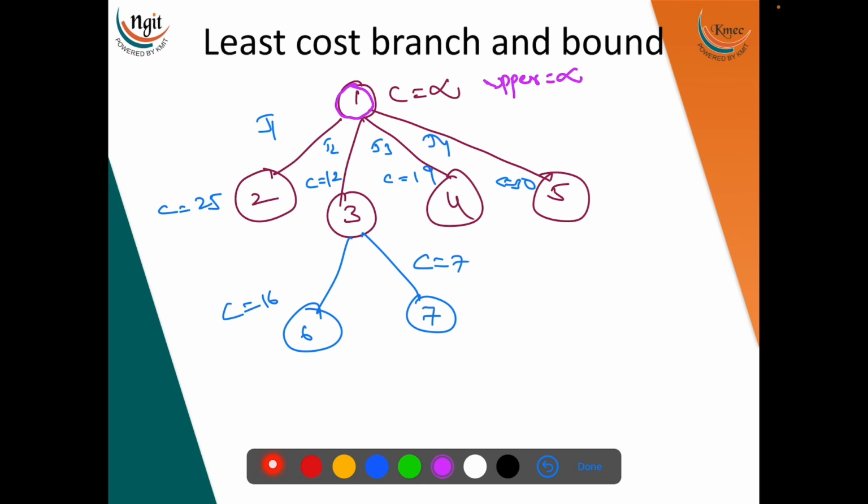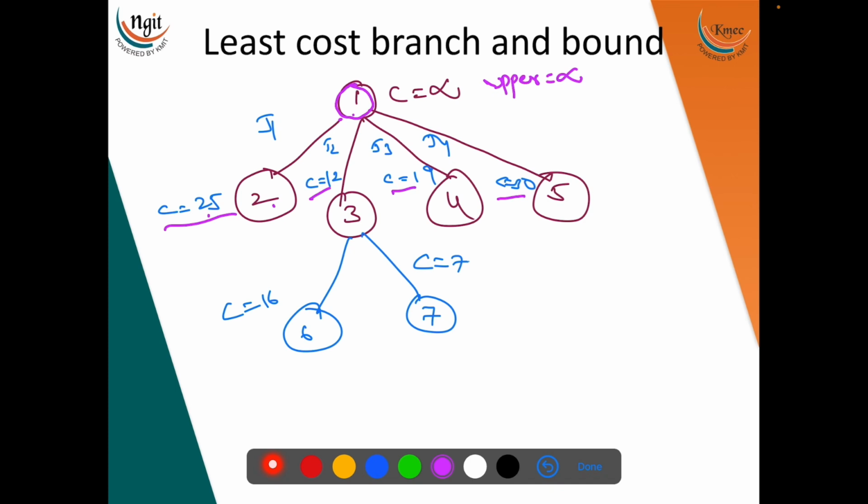Now one node will get expanded to 2, 3, 4, 5. For each job to complete, we'll take some cost. I'm just giving an example here to understand how the LC method works. To complete the J1 task, the cost is $25. To complete J2, $12, then $19, $30.